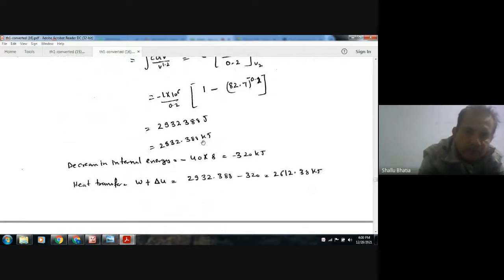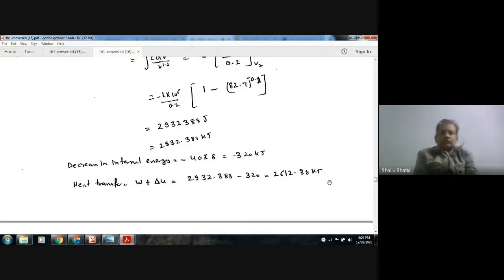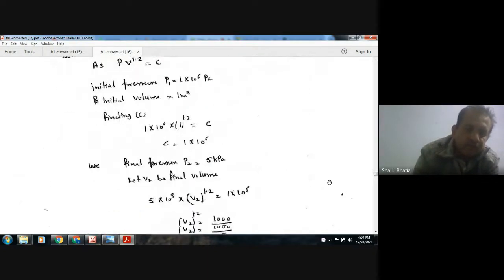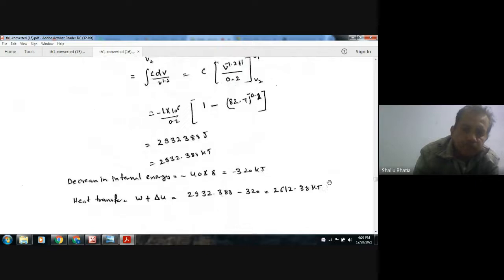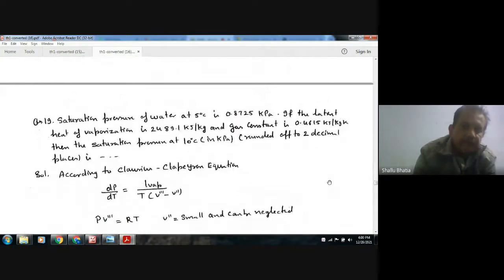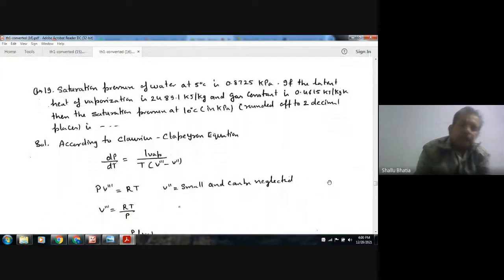So the heat transfer is W minus the change in U. So the answer is 2612.38 kilojoules.